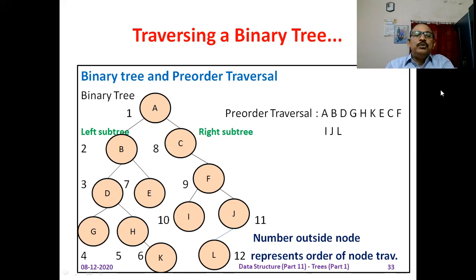Visit the root node, meaning the contents of the root node are printed on the screen. What is the content? B. B is printed on the screen. Next step, traverse the left subtree, and the right subtree is a suspended activity, and this information goes on the stack.